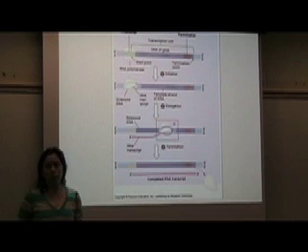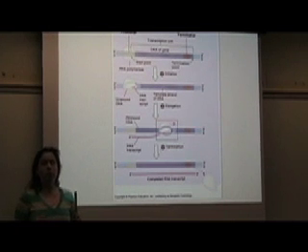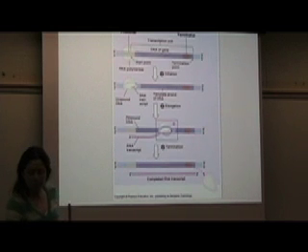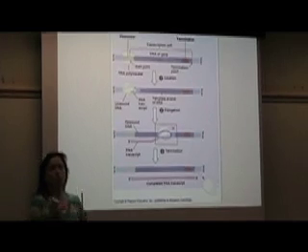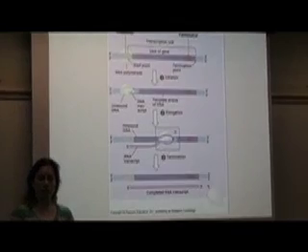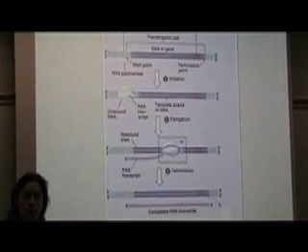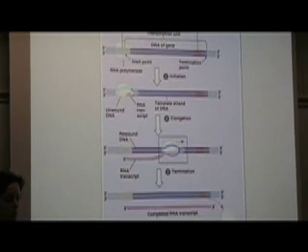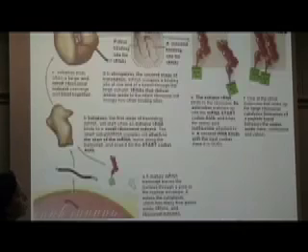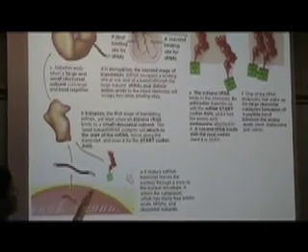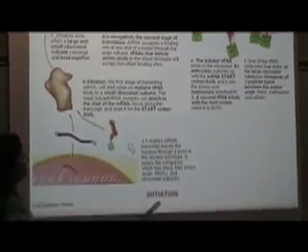Now, if we move forward and we look at translation, this is going to take place in the cytoplasm, and it's going to involve the ribosomal RNA, the transfer RNA, and the messenger RNA. So all of them are going to work together to create a protein. Translation begins with initiation.